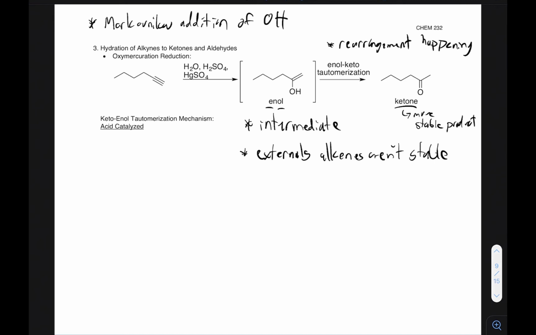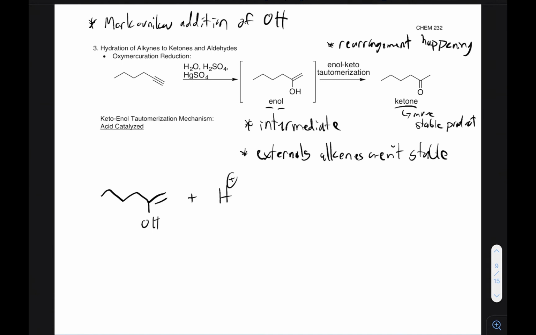All right, so let's look at a mechanism for how this is happening. This is a mechanism we will need to know, which of course is why I'm doing it. One way this can transpire is through an acid-catalyzed tautomerization, meaning there's an acid involved, typically from H2SO4 or even water at the beginning here. So we'll just paraphrase an acid as H+.